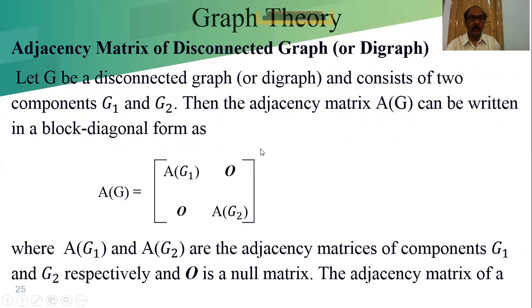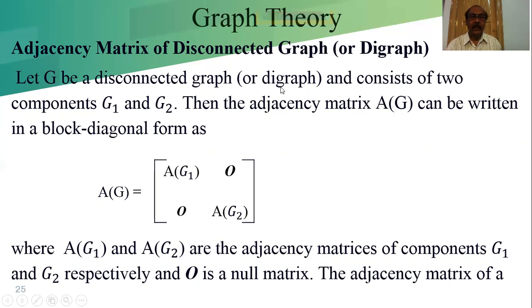Otherwise, we can make the adjacency matrix of the graph, and then it has the disconnected parts. From the combined adjacency matrix, we can decompose it into two different parts.